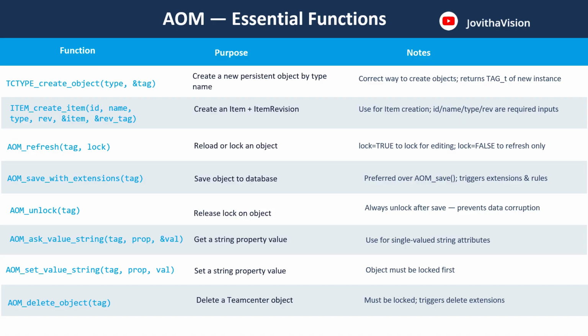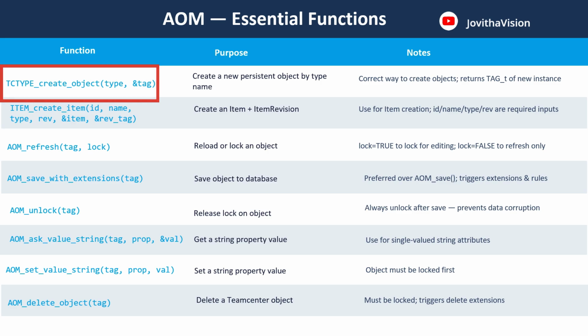Let's spend a moment on AOM. Let's start with object creation. AOM_allocate_tag only allocates a tag handle in memory. It does not create a database record. So to actually create a persistent object in Teamcenter, you use one of these two functions.